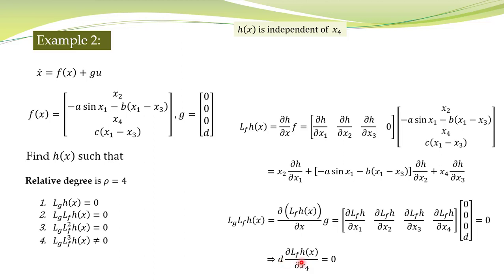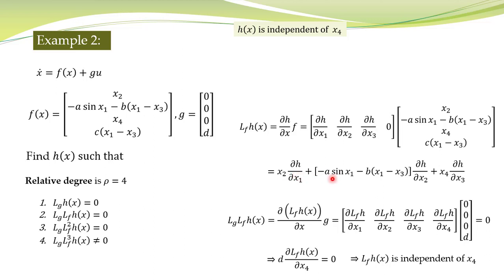So what is the implication of this statement? LF h of x is independent of x4. So LF h of x, we have already computed it, that is written over here and is given by this expression.